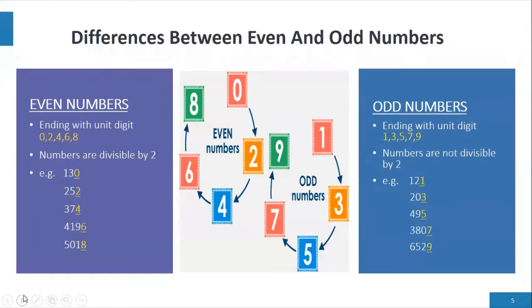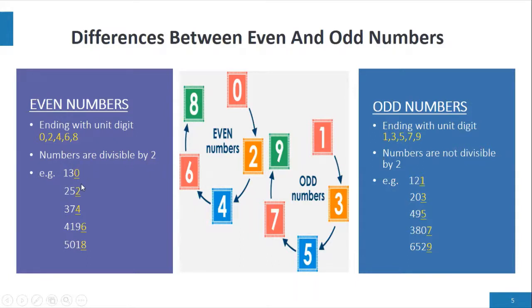What are the differences between even and odd numbers? Those numbers which have unit value 0, 2, 4, 6 or 8, and are divisible by 2 without any remainder, are called even numbers.